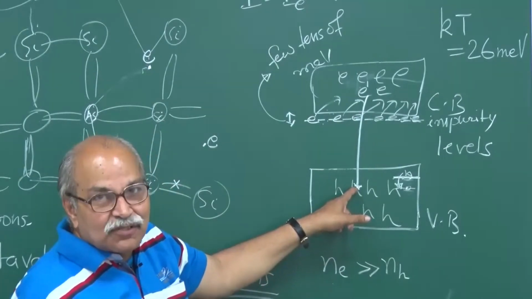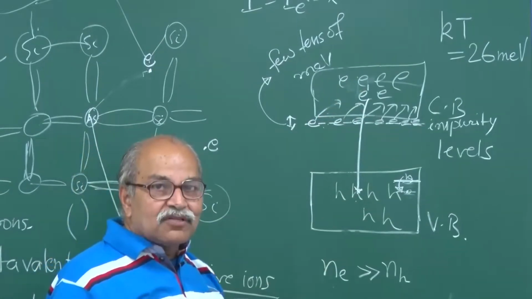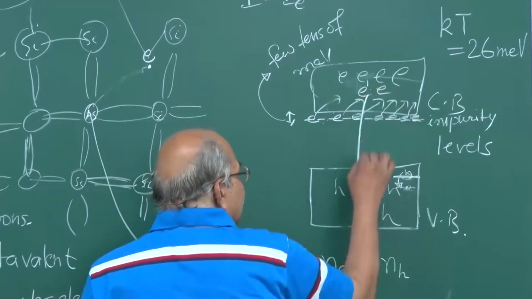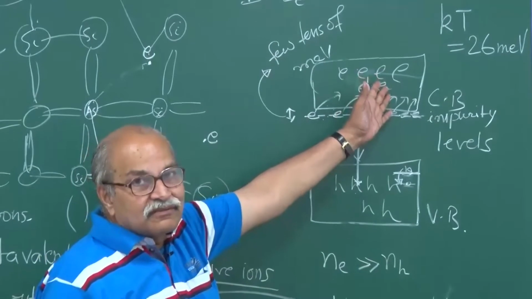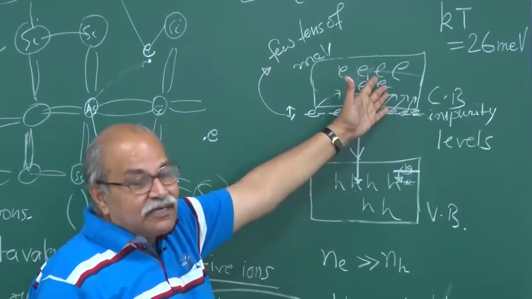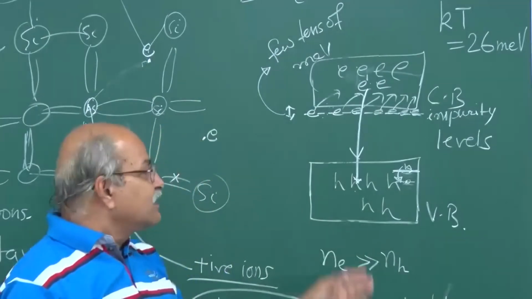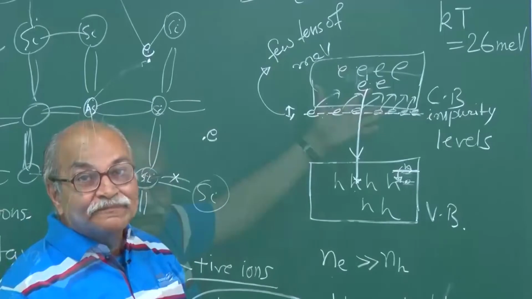So this hole is also gone. So the electron hole pair is gone because of this recombination. So the probability that some electron will come here and fill this hole will increase largely. Right? You have so many electrons coming and sitting here, this probability will be increased many fold.